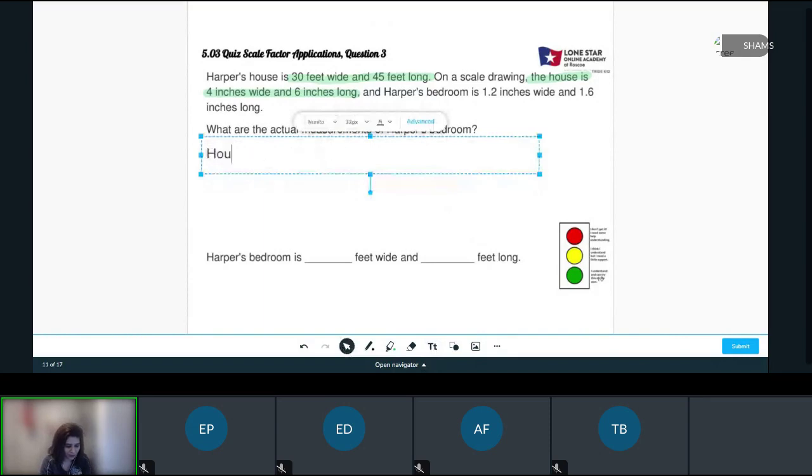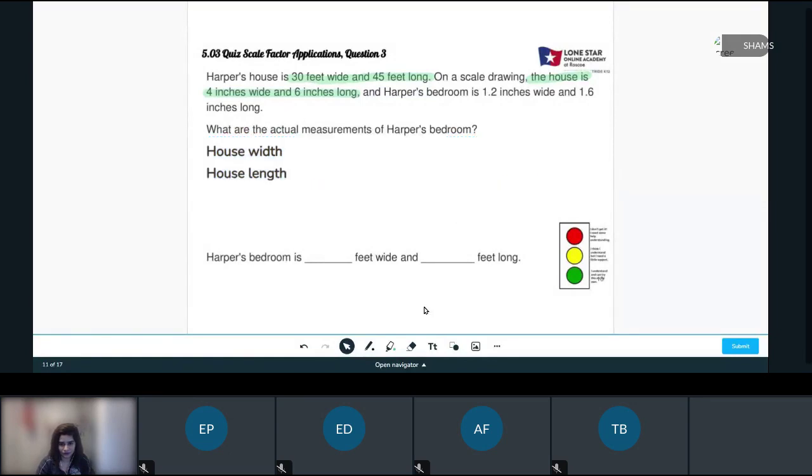So for house width to house length, the house has a width of 30 and a length of 45, right? So width is 30 and length is 45. This is the ratio given to you, right?